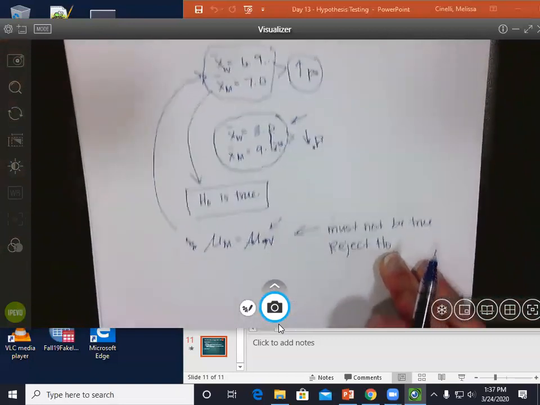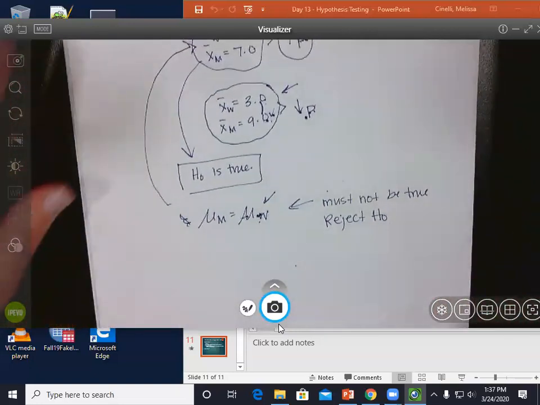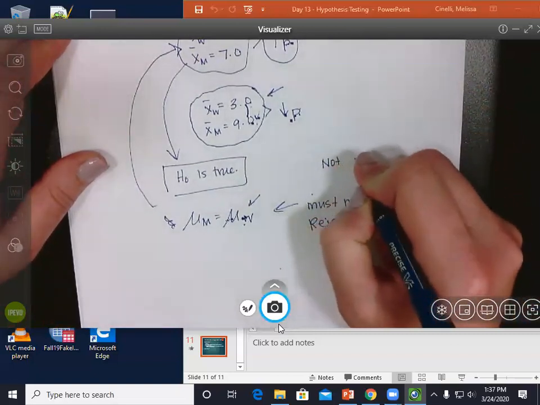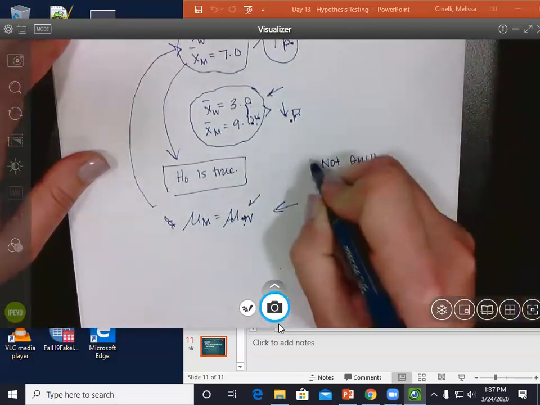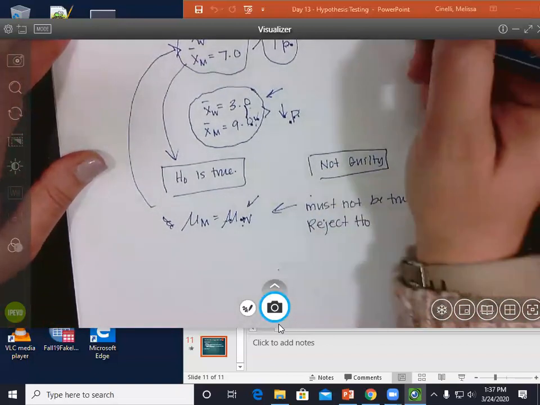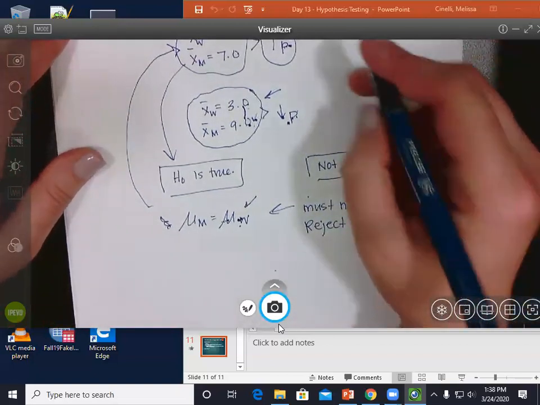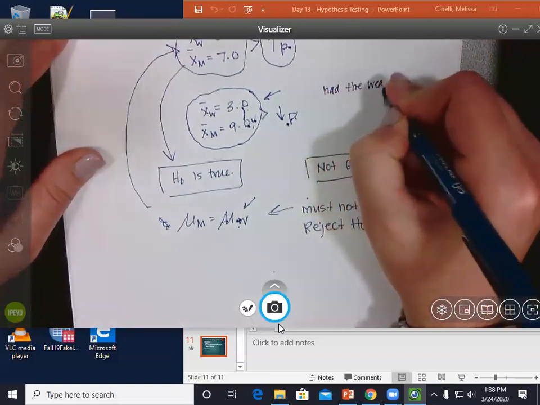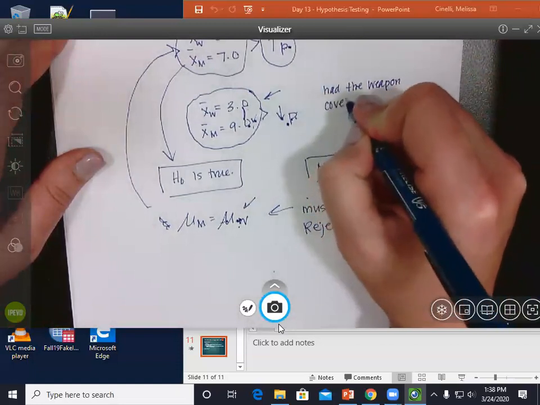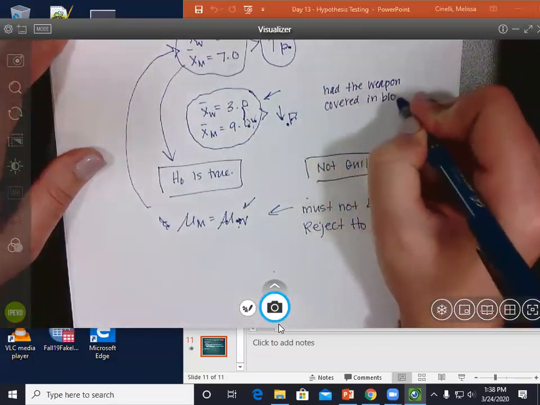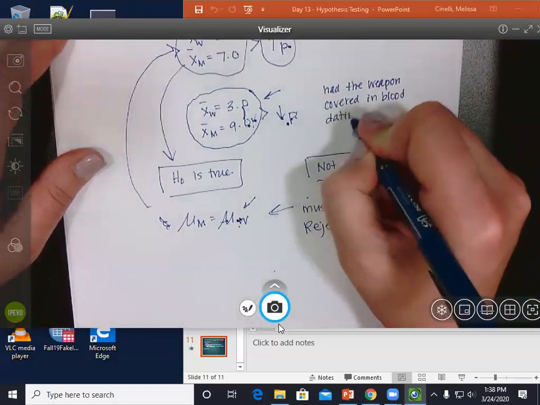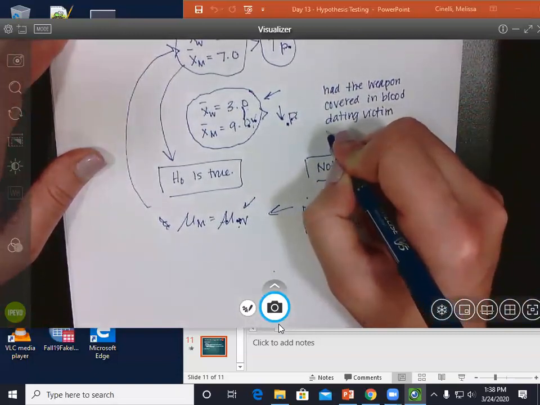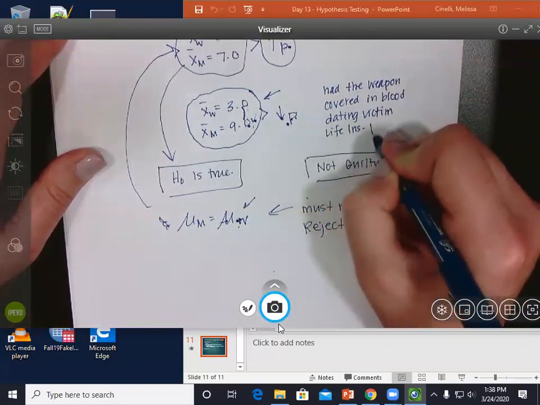Thinking about this in legal terms, sorry, let's get our SVU statistics happening here. We start with the assumption that a defendant is not guilty. So if the prosecutor comes back and says that the defendant had the weapon, was covered in blood, was dating the victim, and there was a life insurance policy, all right?